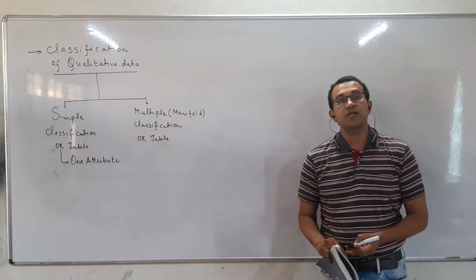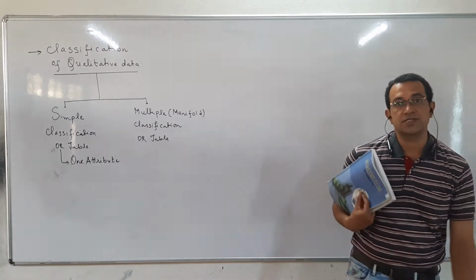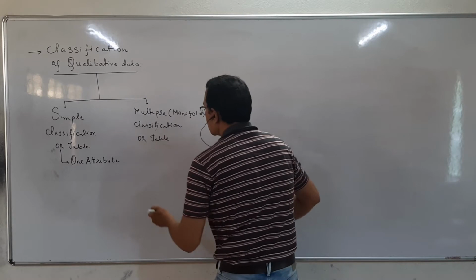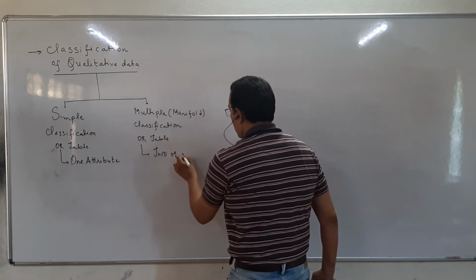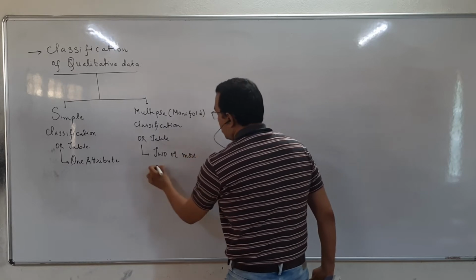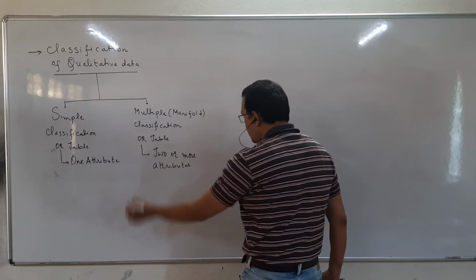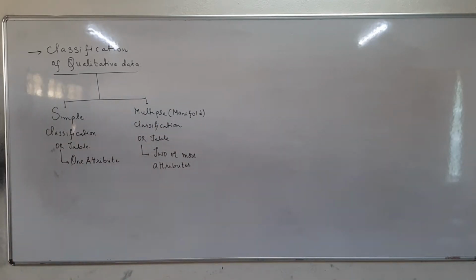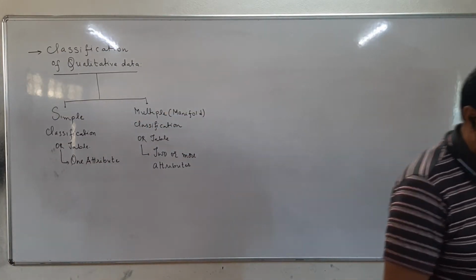A classification based on only one attribute or characteristic is called simple classification, and a classification based on two or more attributes is called multiple classification, or it is also called manifold classification.